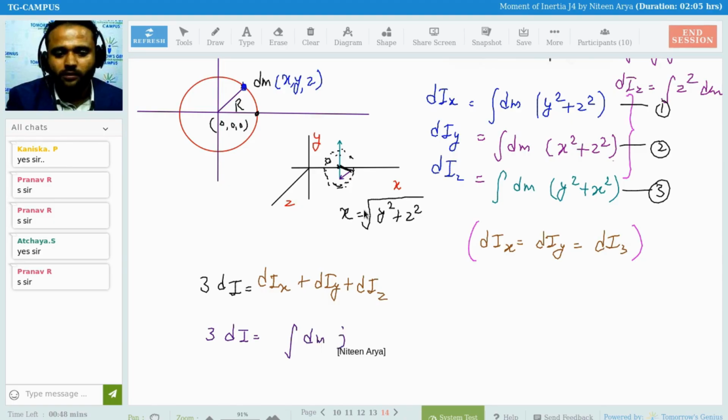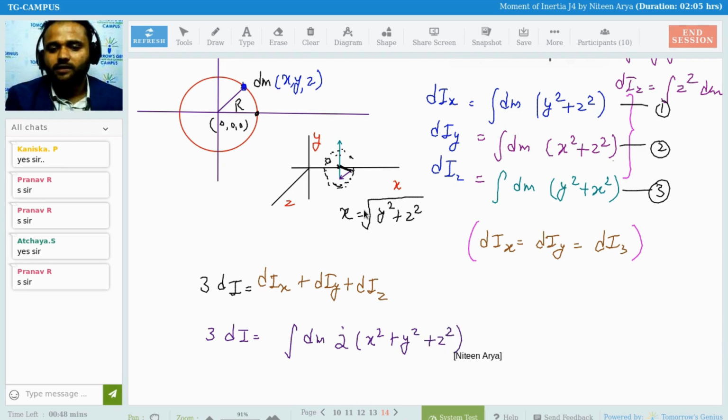We can take dm common: 2 times x square plus y square plus z square. Is this clear everyone? As you can see, we have 2y, 2z, and 2x also. So the moment I add equations 1, 2 and 3, I can take common integration dm and do this.